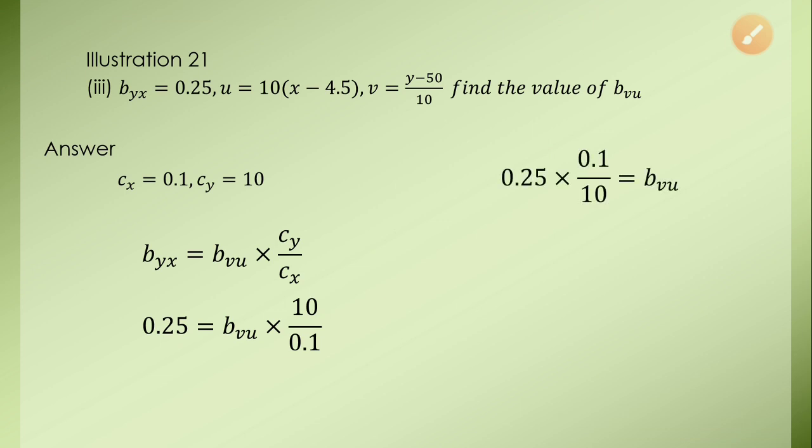Let's make it 0.25 on the left side, 0.1 on the left side and 10 in the denominator. So 0.25 into 0.1 is 0.025, and upon 10 is 0.0025, which is equal to Bvu.